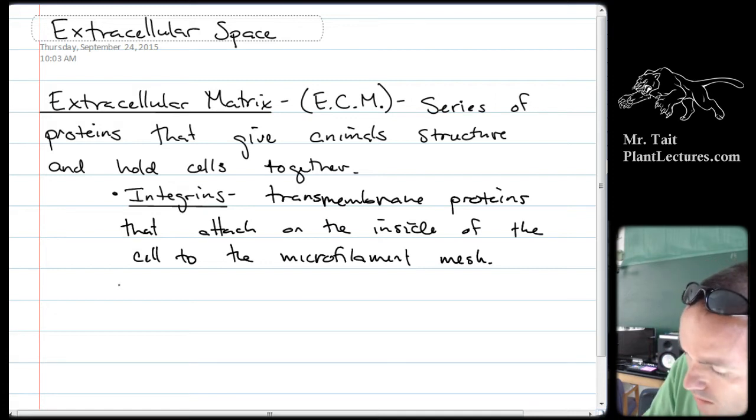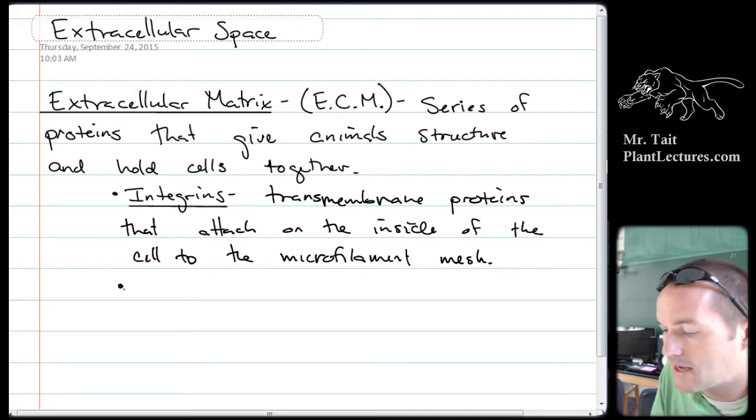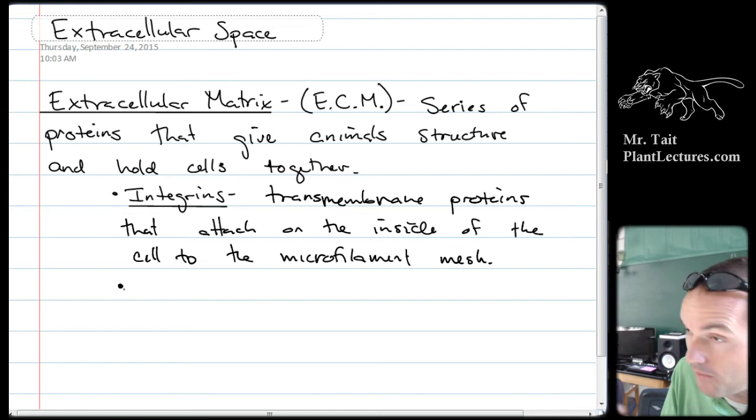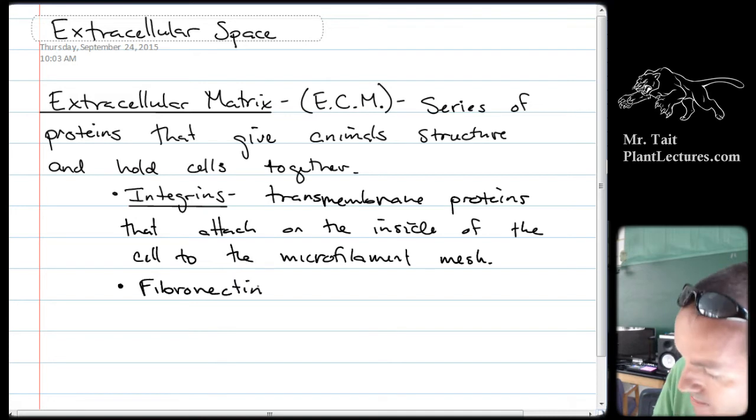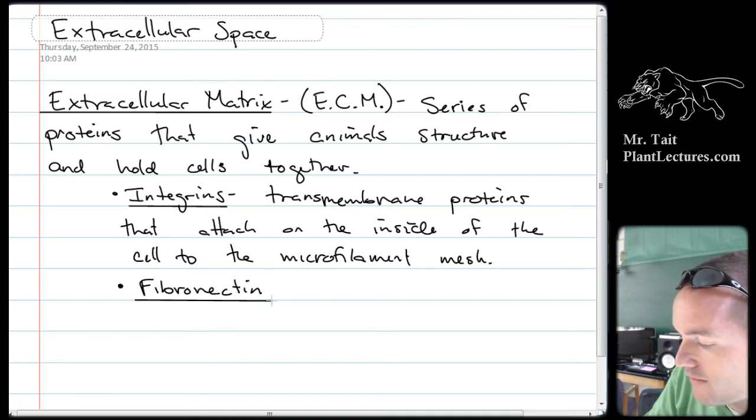Okay? Well, if they're attached to the microfilament mesh on the inside, what are they attached to on the outside? Well, there's another protein that's called fibronectin. And fibronectin is the protein that it attaches to on the outside.